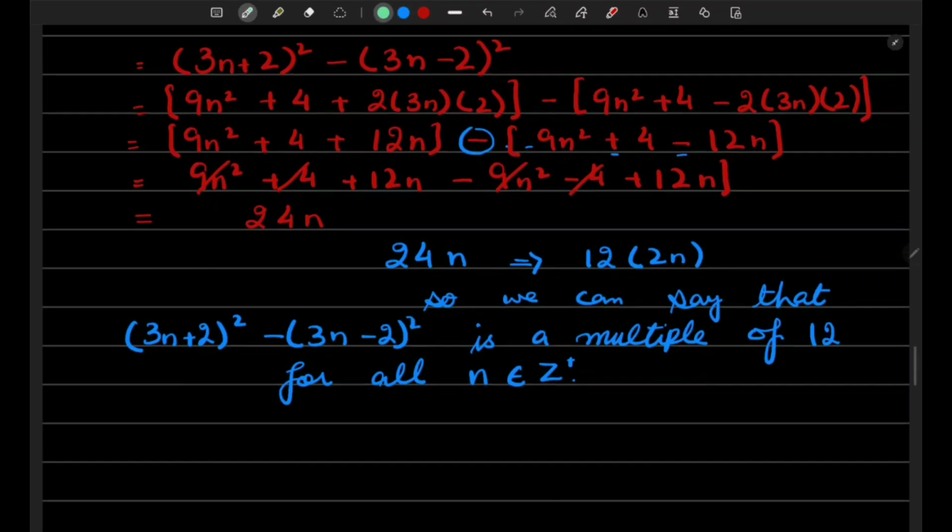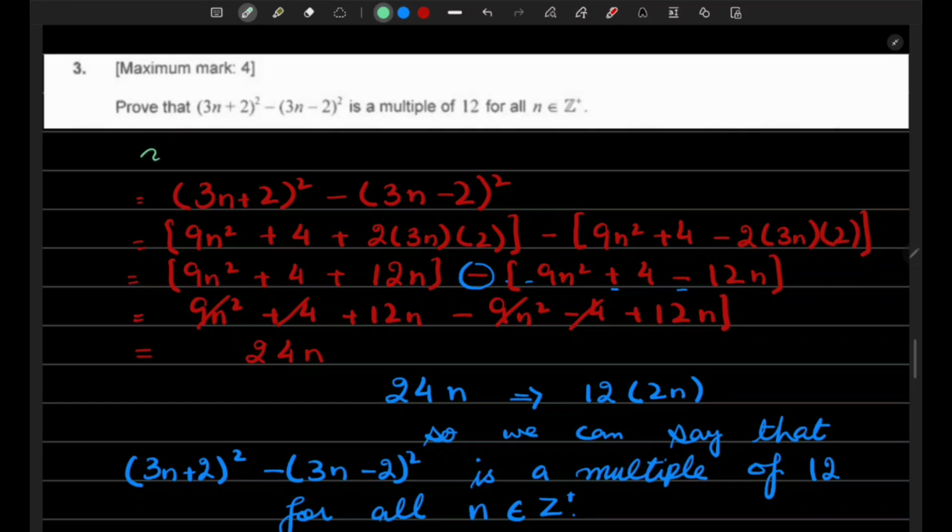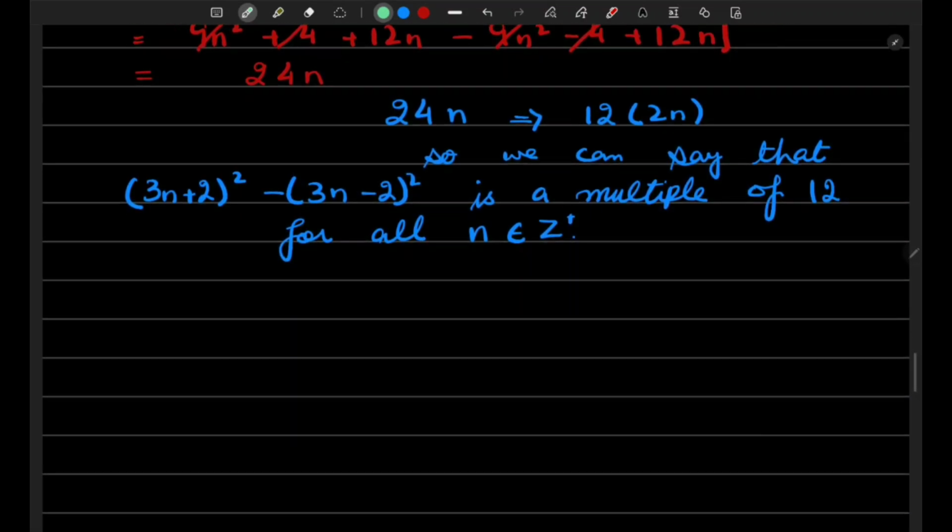There is another method for solving this. So we can write this as method 1. Now also solve it through method 2.